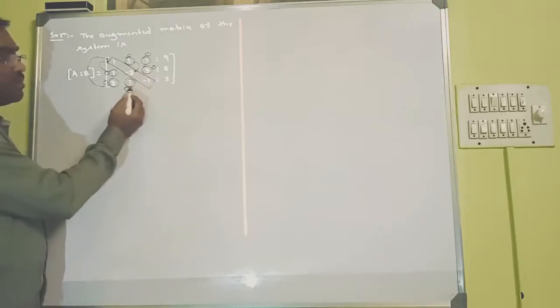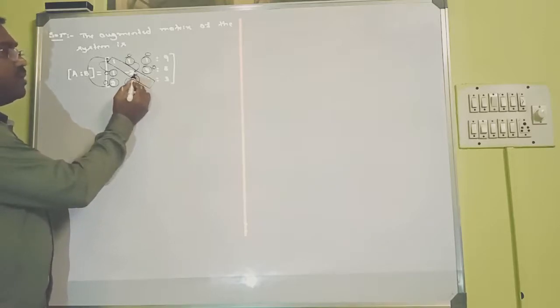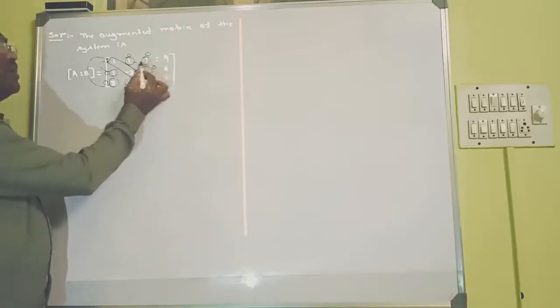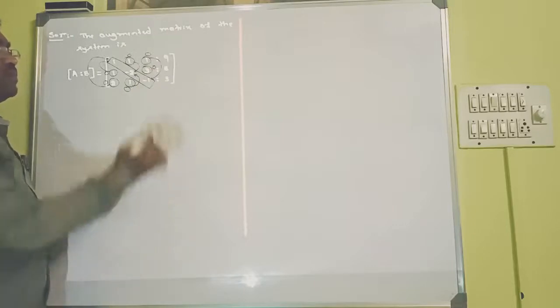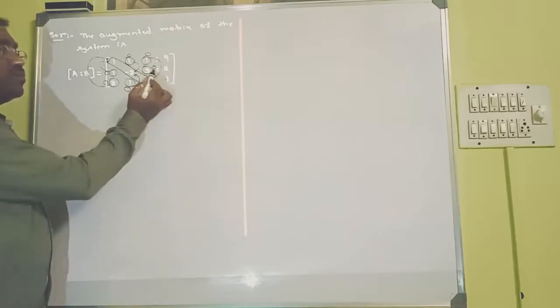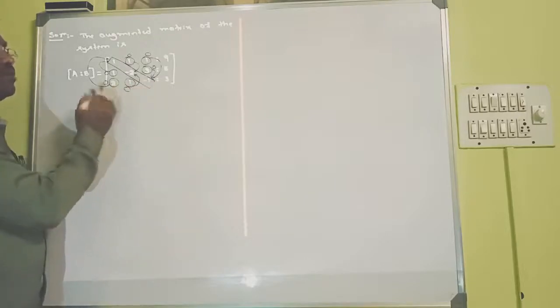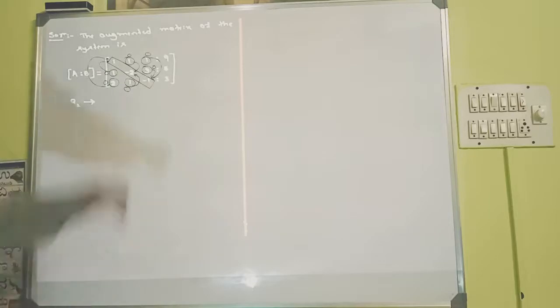Then to make this element 0, we make use of this element. And to make this element 0, we make use of this element. So this is how we are going to proceed. Let us see.